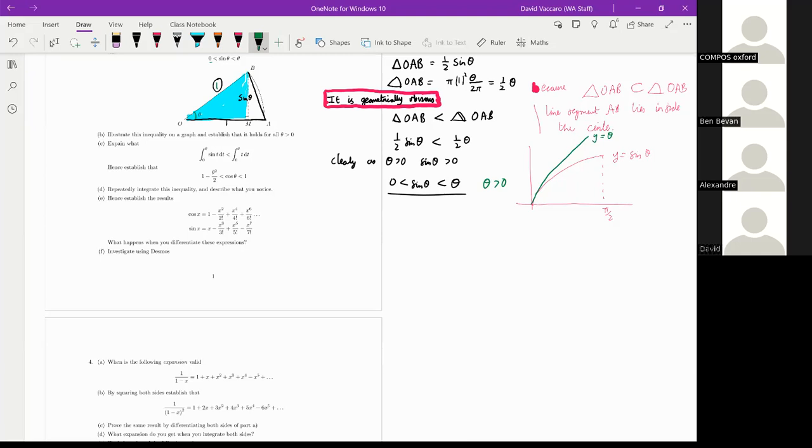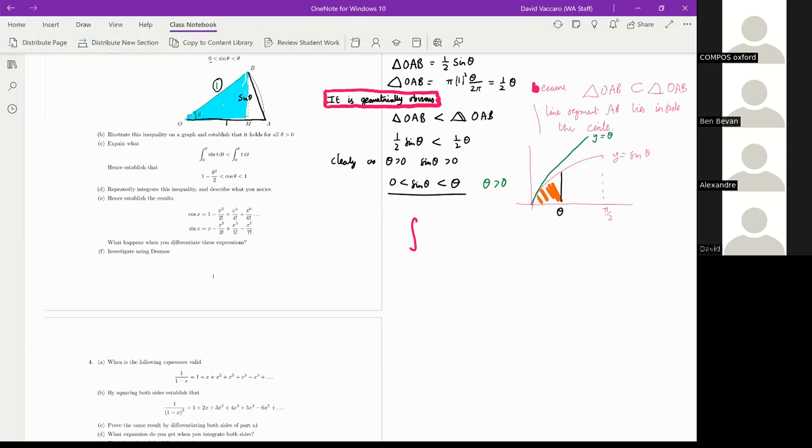Can I integrate this inequality? Well, yes, because this orange area, this area under the curve y equals sine theta, actually, I'm not going to integrate all the way up to pi over 2. I'm just going to integrate up to some positive value theta.